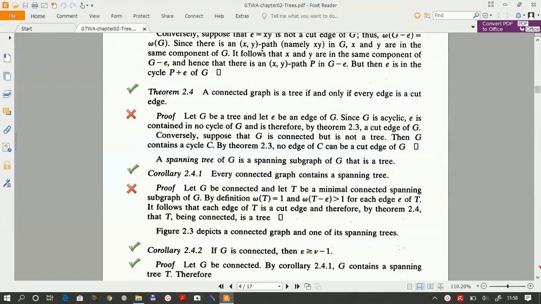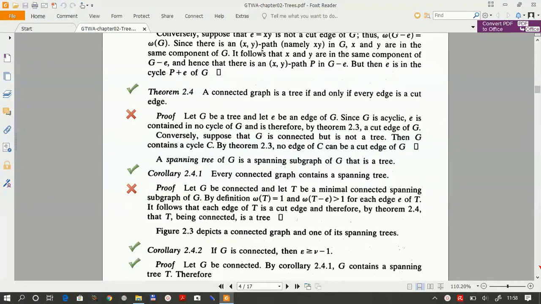Every connected graph contains a spanning tree, corollary 2.4.1. Then as a corollary, 2.4.2, you get that if G is connected, then epsilon is greater than or equal to nu minus 1. Why?